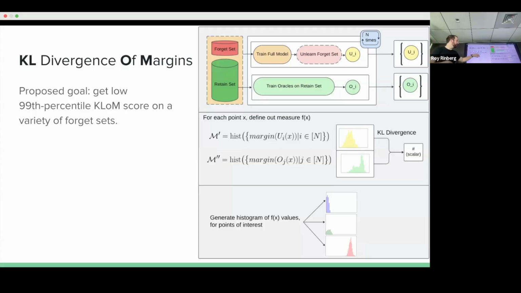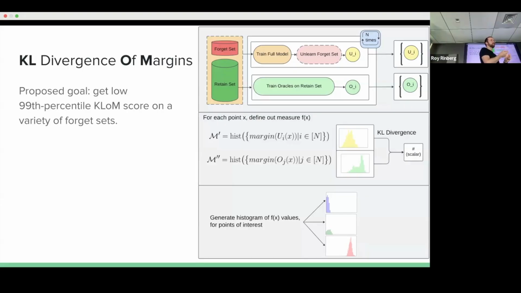And so you'll have some histogram in the middle, which is one or the other, right? The unlearning algorithm here is to pick specifically one. It's not pick the whole distribution. It's pick specifically one unlearned algorithm.